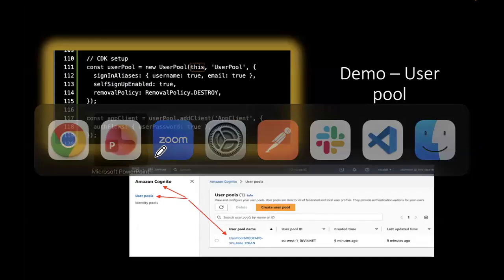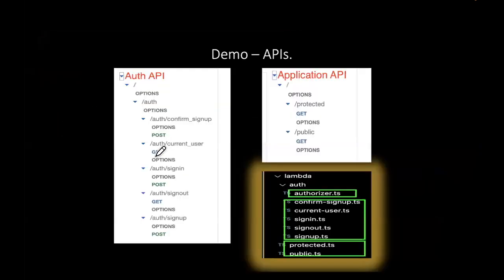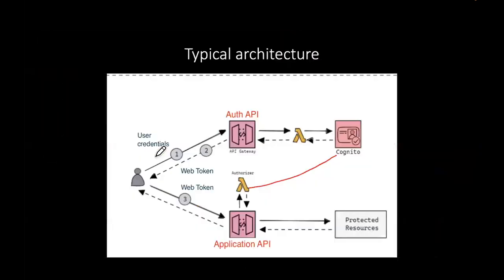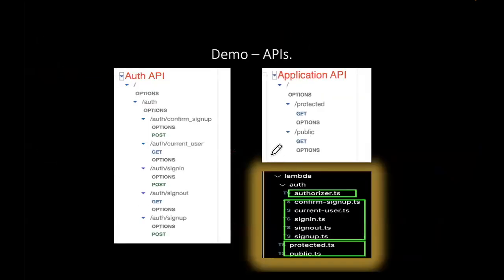Back to here. Now, if I go back to here, we're going to have two gateways and some lambdas here and two lambdas here. So this screen is just showing you some stuff from the application that we're going to be looking at.